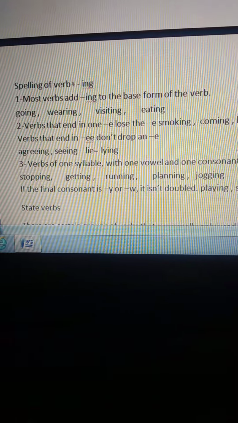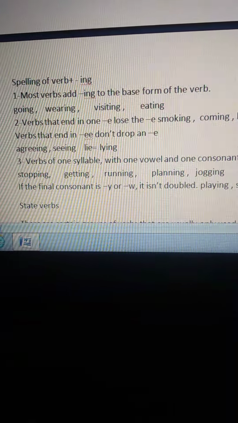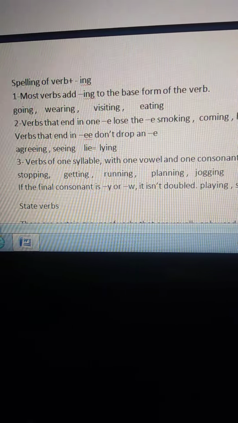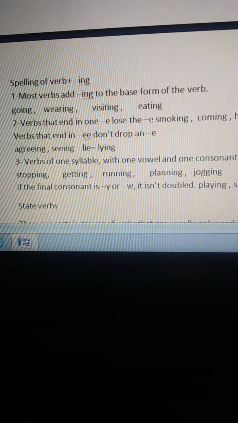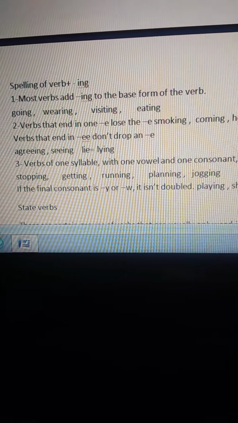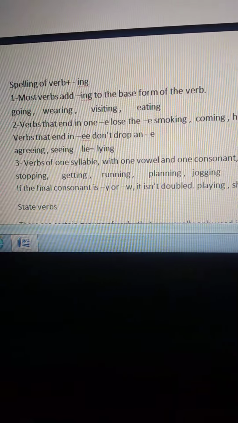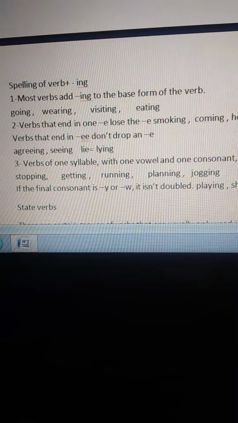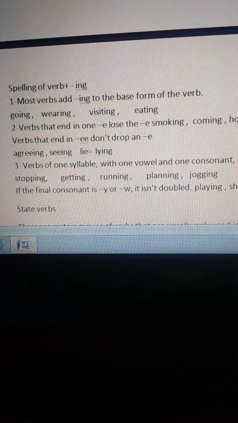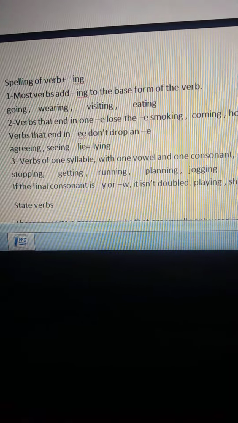Number one, most verbs add ing to the base form of the verb. Example: going, wearing, visiting, eating.